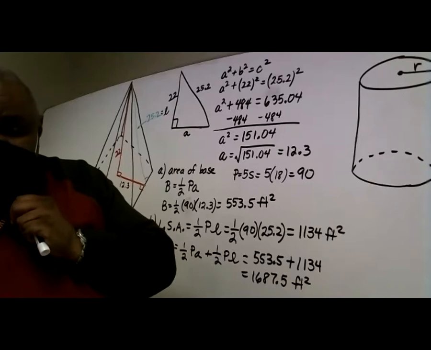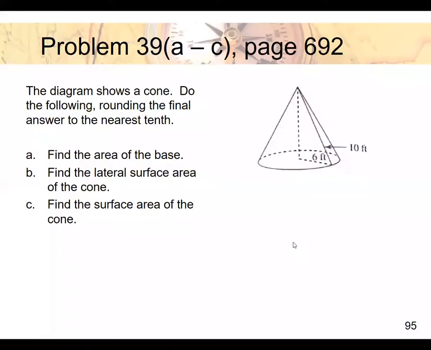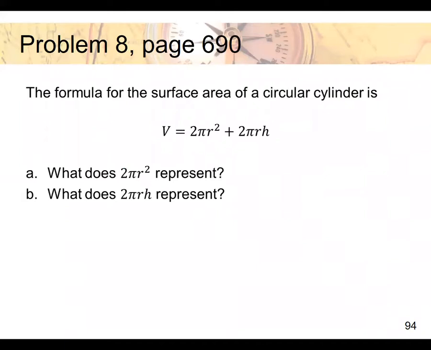And part B, okay, here's part B. What does 2 pi r h represent? That's of course the lateral surface area.